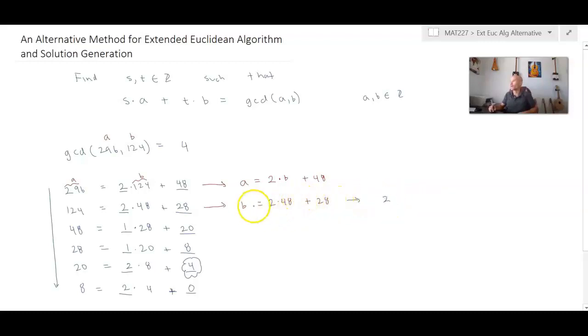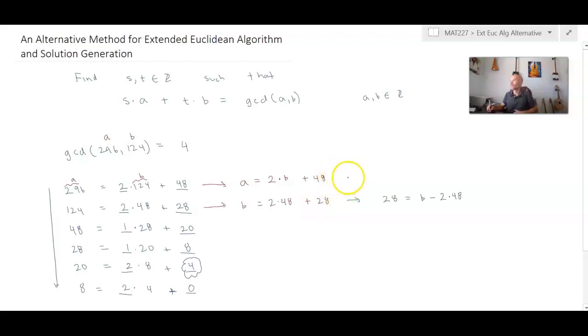So if I subtract 2 times 48, I'll have 28 equals B minus 2 times 48. Now the key here is don't multiply them out, because now I have the ability to substitute.